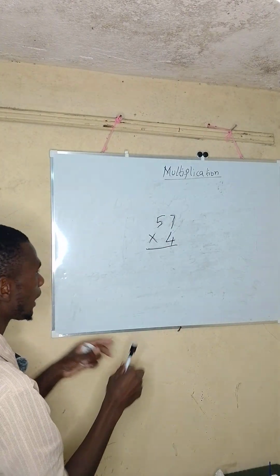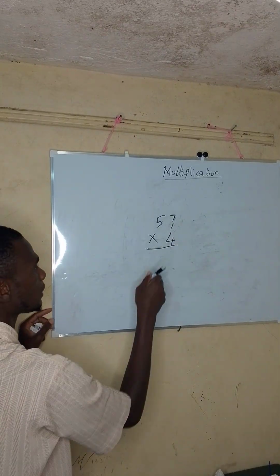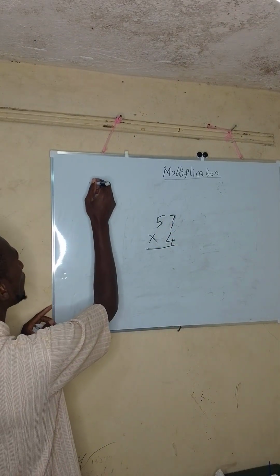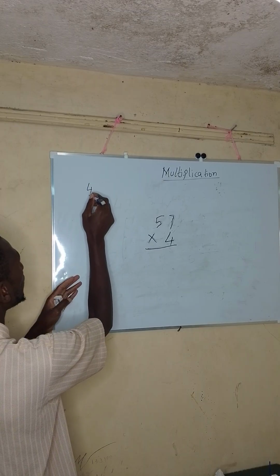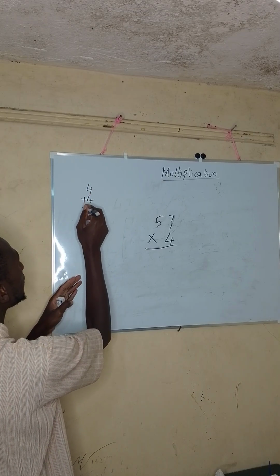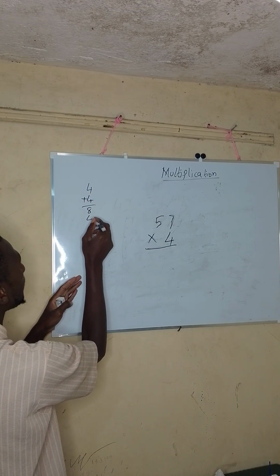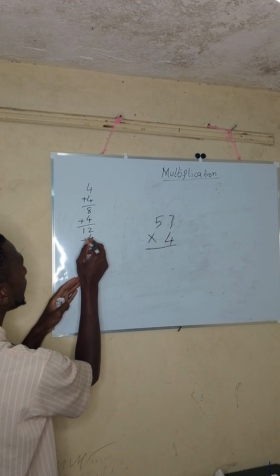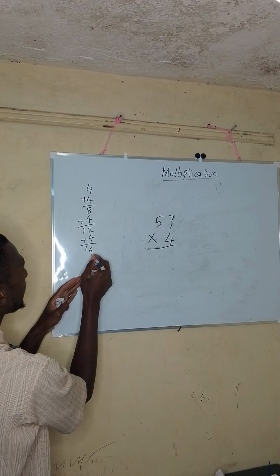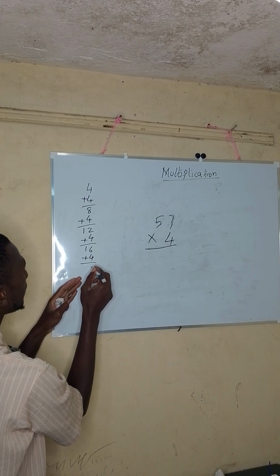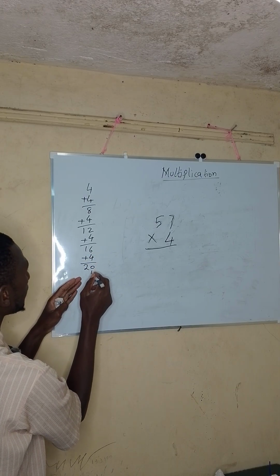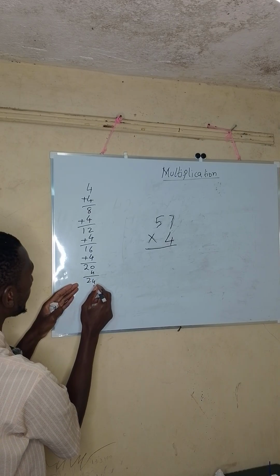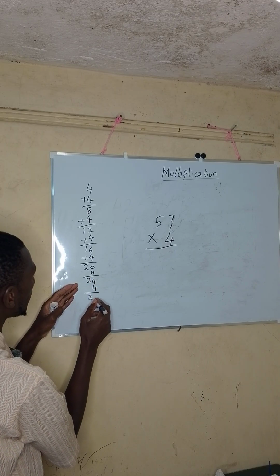So we will have 7 times 4, so we will have 7 4s here. So the first one, the second one gives us 8, plus another one gives us 12, plus another one gives us 16, plus another one gives us 20, plus another one gives us 24, plus another one gives us 28.